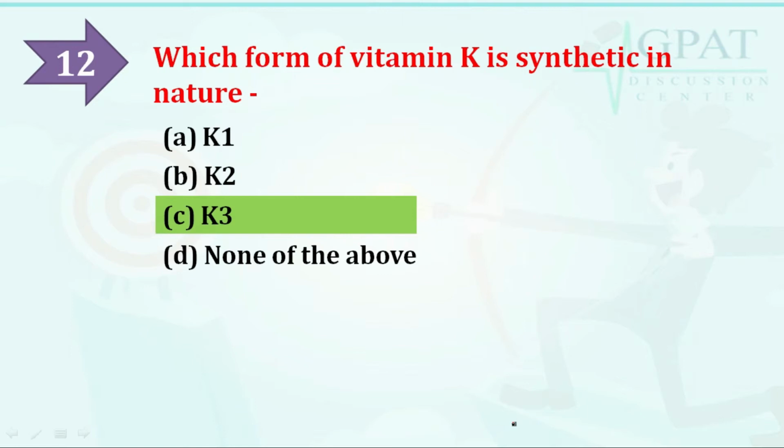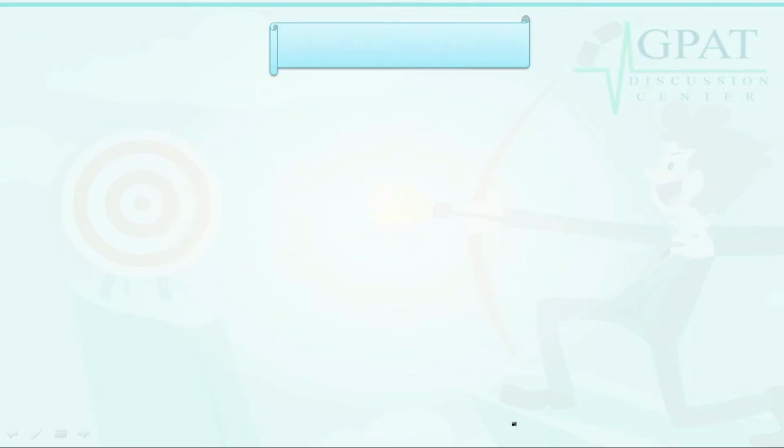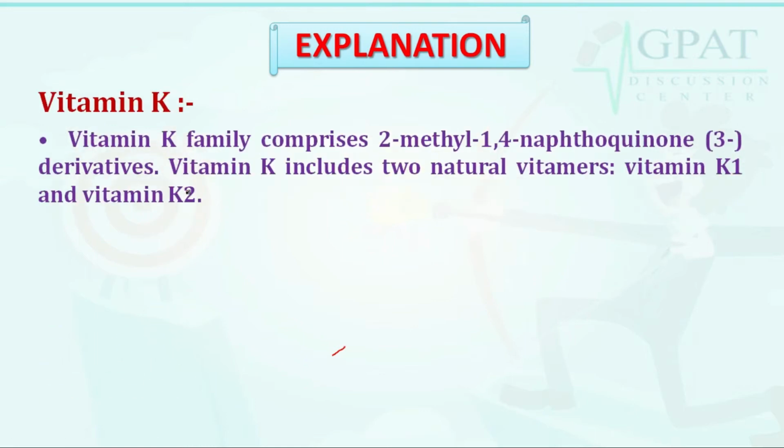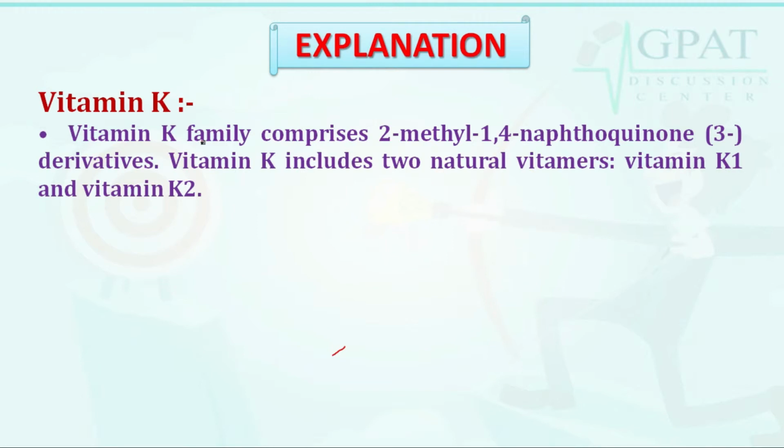So let's discuss in detail about vitamin K. The vitamin K family comprises 2-methyl-1,4-naphthoquinone 3 derivatives, where vitamin K includes two natural vitamins, vitamin K1 and vitamin K2.